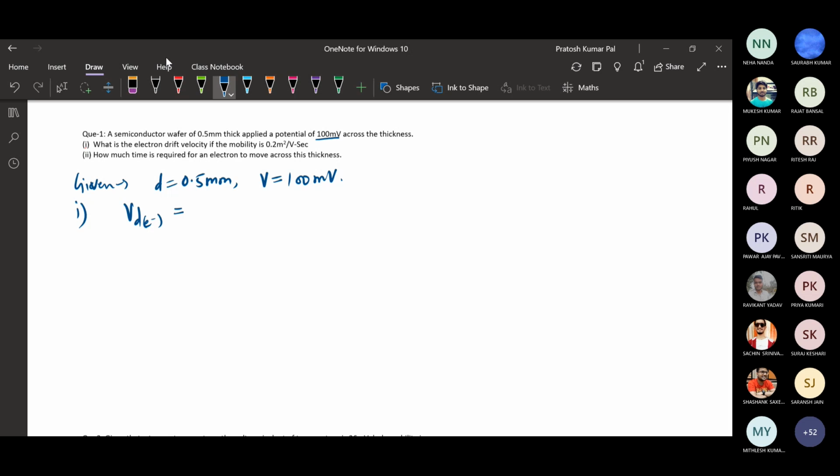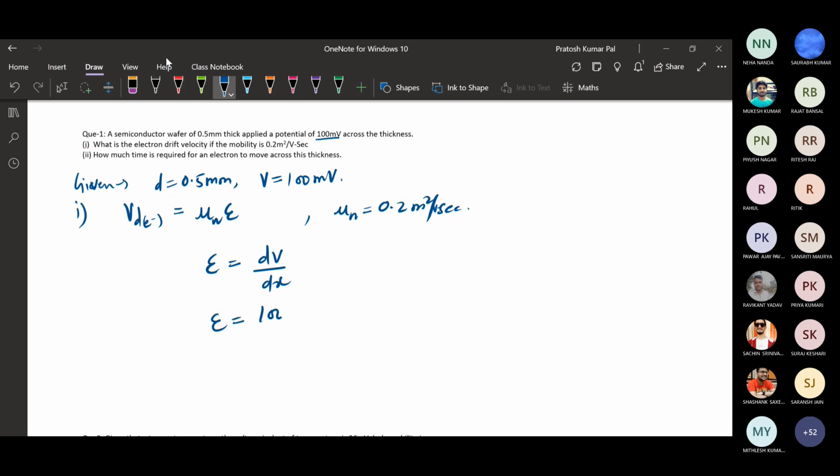So drift velocity is given by mu n into E. Mu is also given, 0.2 meter square per volt second, and we need to find out the E first. The electric field is given by the voltage, or potential, divided by the distance.